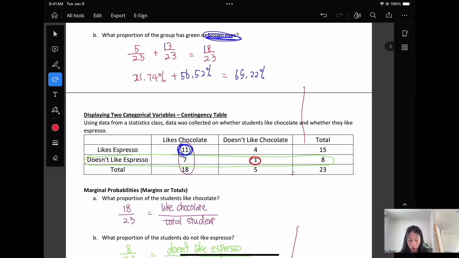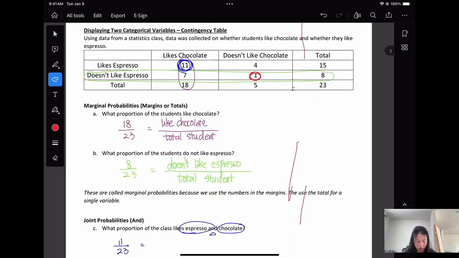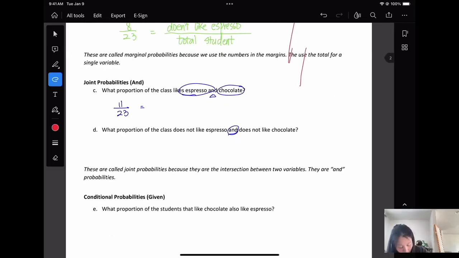It's going to be 1. That means 1 out of 23 students doesn't like espresso and doesn't like chocolate. That is the overlap part. These are called joint probabilities because they are the intersection of two variables, and they are probabilities.